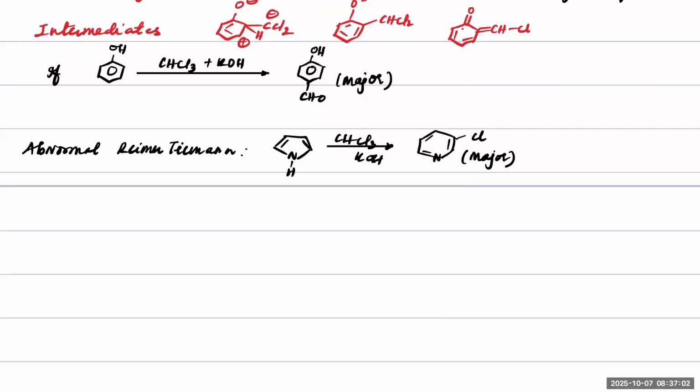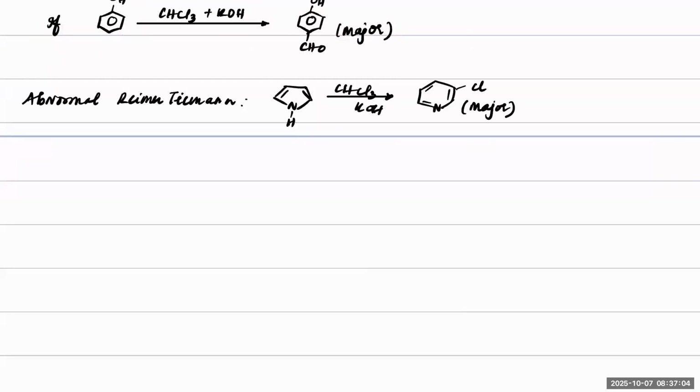Clear? Another abnormal reaction is like this. If you have a double bond and double bond here, and you are treating that first with EtO minus Na plus, followed by CH, let's say F, Cl and Br. So basically, first it will form an aromatic ring, and then the attack of ClF3 here, EtO minus is taken.